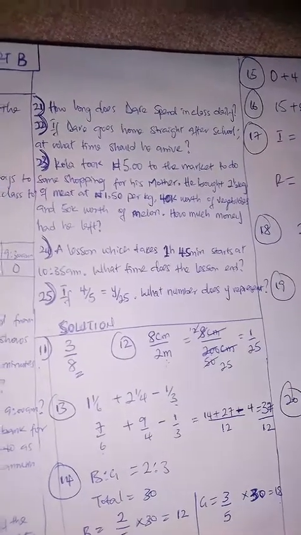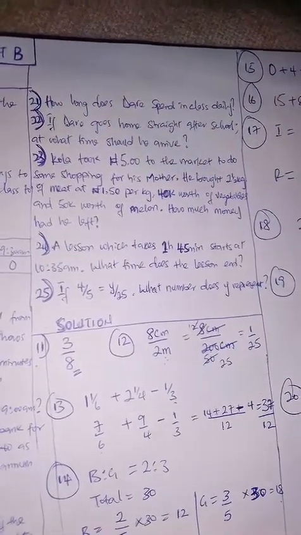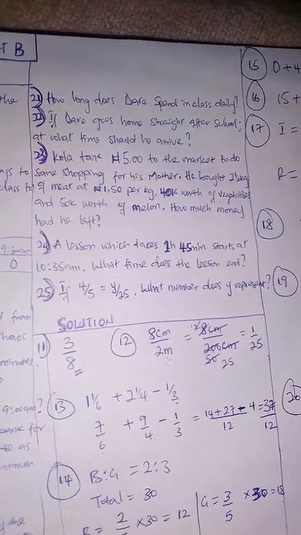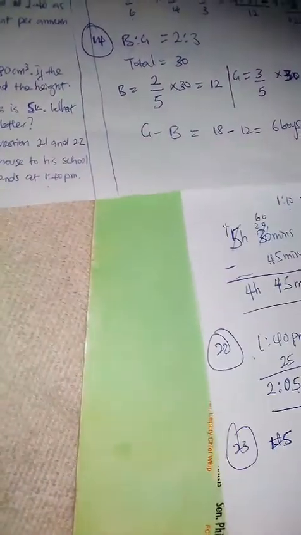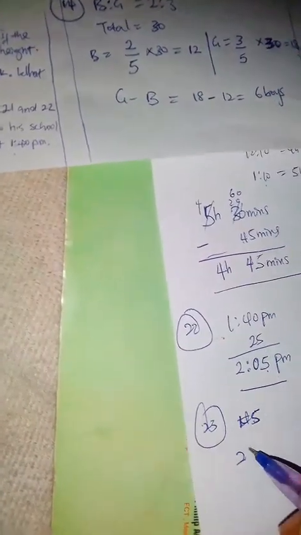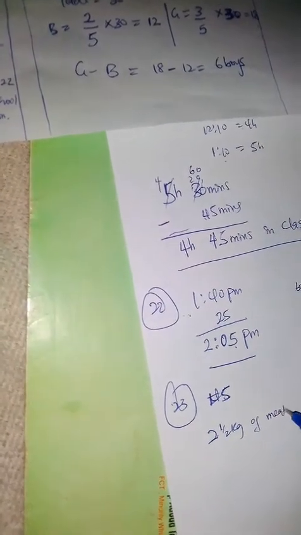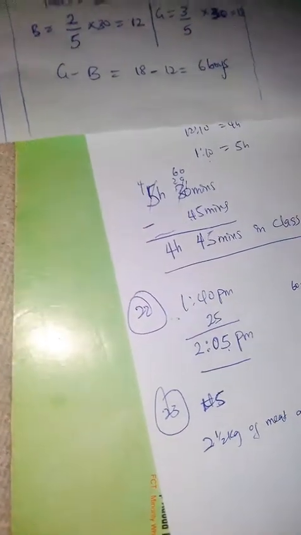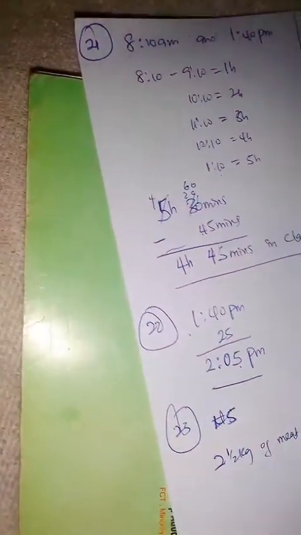He bought 2.5 kilograms of meat at 1.5 naira per kg.